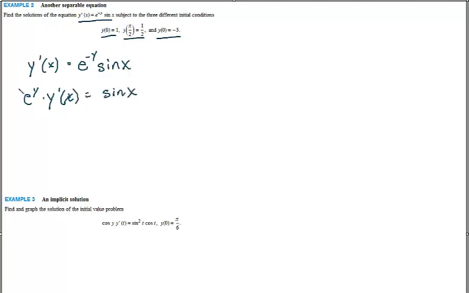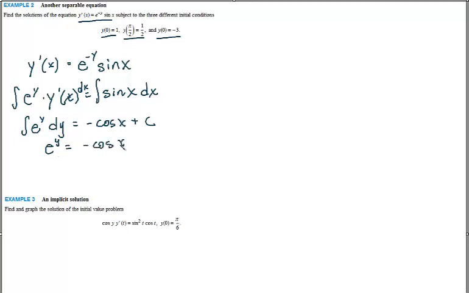I'm going to integrate both sides with respect to x dx. Then I'll rewrite this as integral of e to the y dy equals minus cosine x plus c, so e to the y equals minus cosine x plus c.